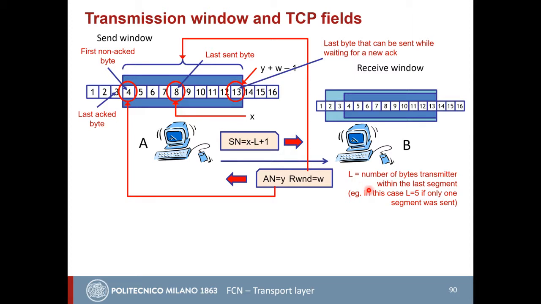For example, in this case, capital L equal to 5 means that only one segment was sent. In fact, here you see that bytes 4, 5, 6, 7, and 8, all these bytes were put into this segment, and the first byte of the segment was byte number 4.